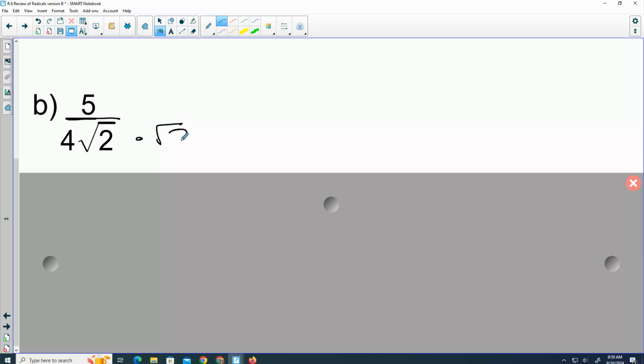Okay, so if I multiply by the square root of 2 on top and bottom. On the top, 5 times the square root of 2 is 5 square root of 2. On the bottom, 4 square root of 2 times the square root of 2 would be 4 square root of 4.